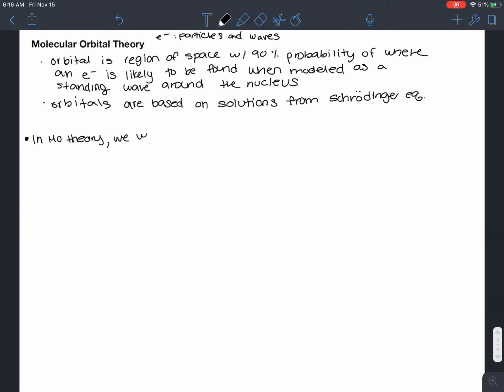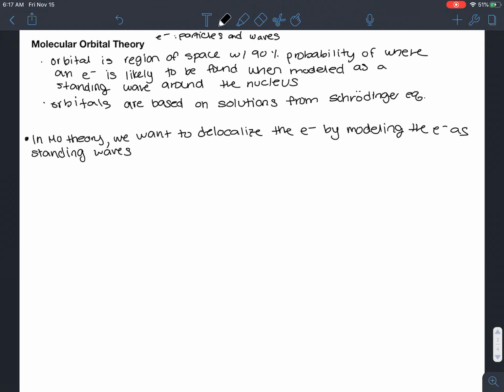So in MO theory, we want to delocalize the electron by modeling them as standing waves around multiple atoms in a molecule, creating molecular orbitals.